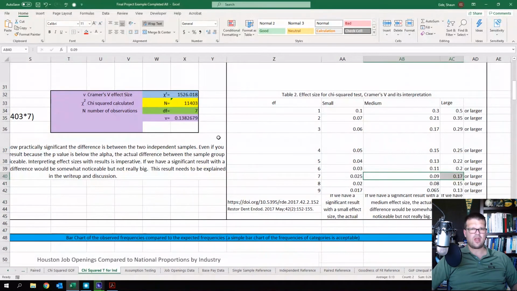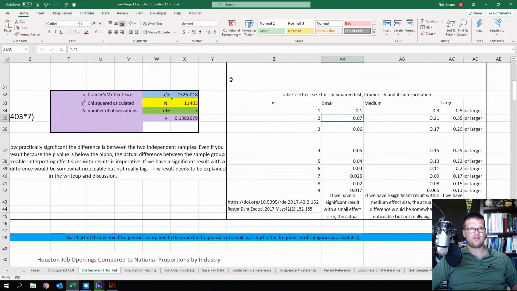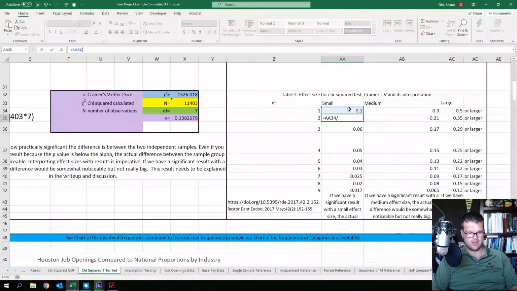Somewhere between a medium and a large effect size, which once again you can use a slightly different formula. The different formula is equals 0.1 divided by the square root of the degrees of freedom, which will give you the effect size based on each individual degree of freedom.